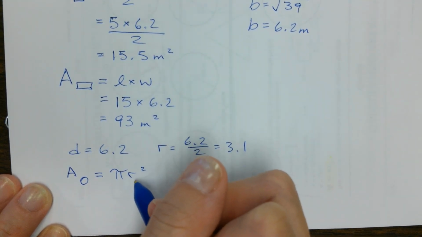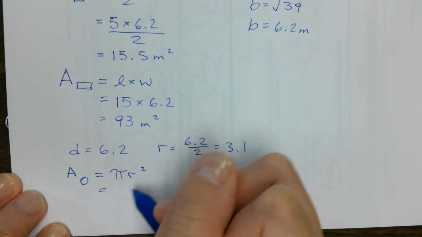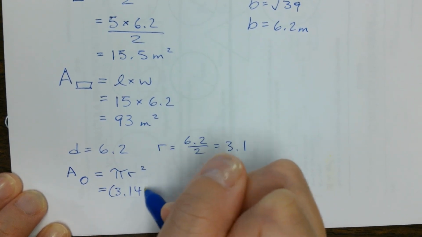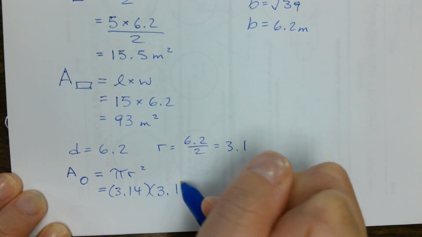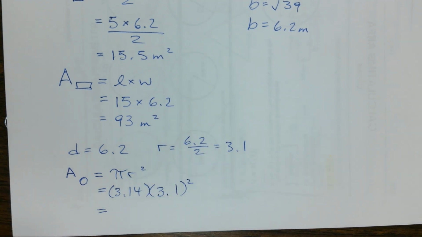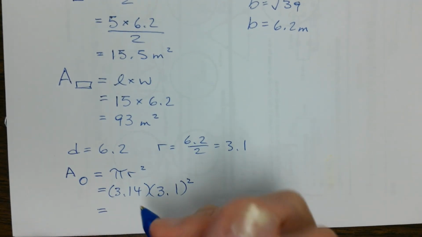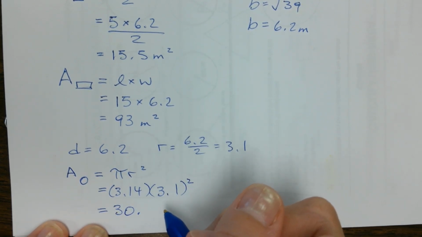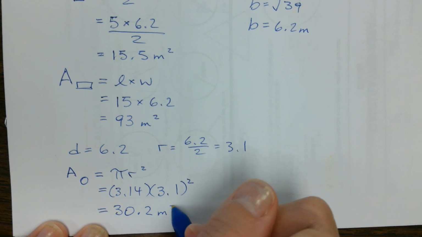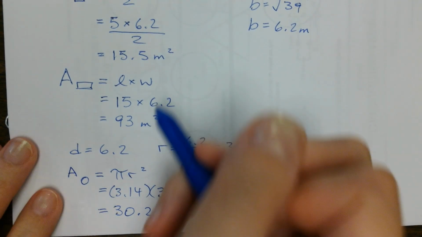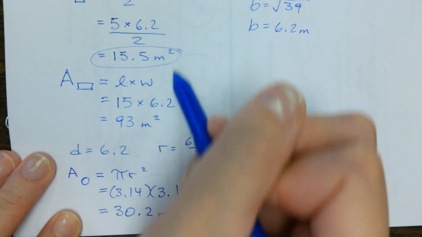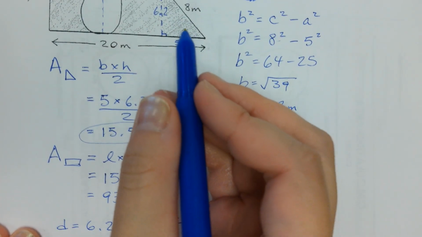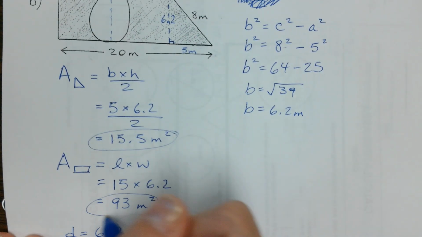See, we need r, not d. So 3.14 times 3.1 times 3.1, I get 30.2 meter square.